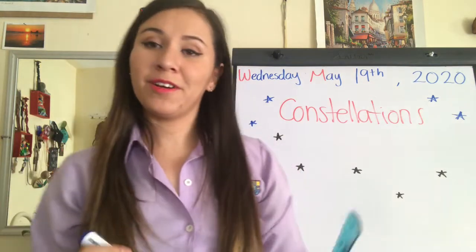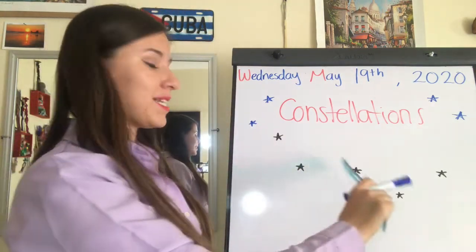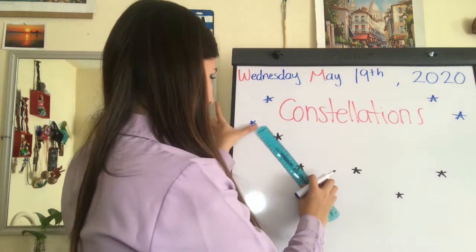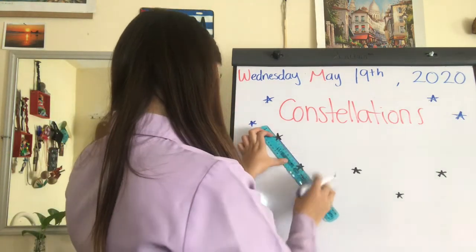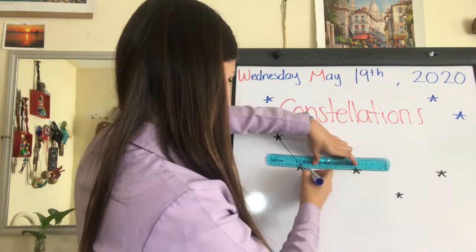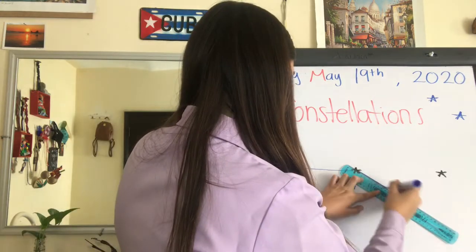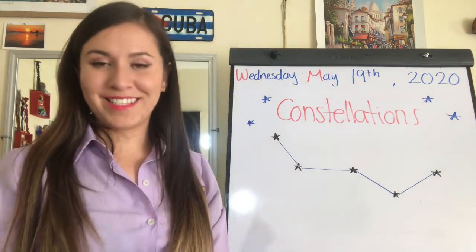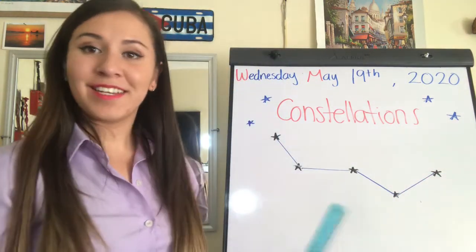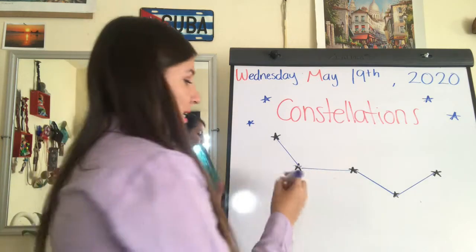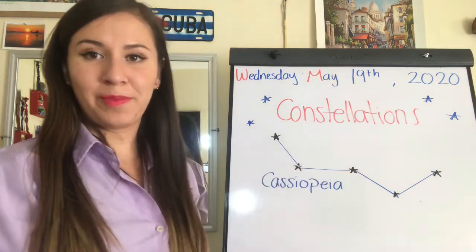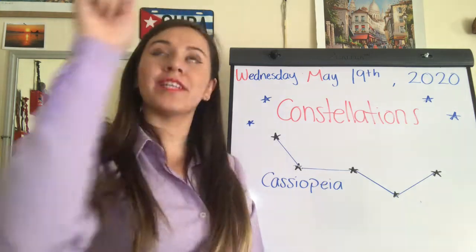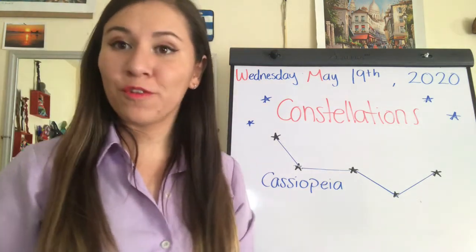Now, with a different color, you just have to match these stars and you're gonna form your constellation. And that's it. This is an easy constellation. Remember the name? It's called Cassiopeia. At night, you can try to find this constellation in the sky. Let me know if you found it.